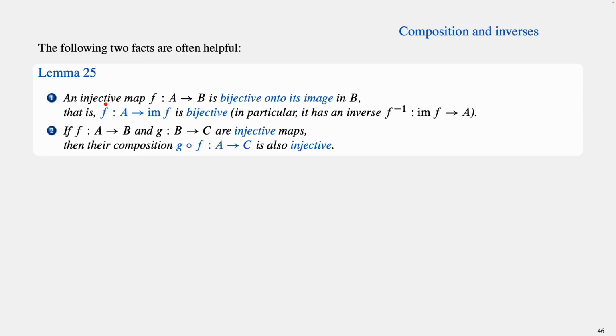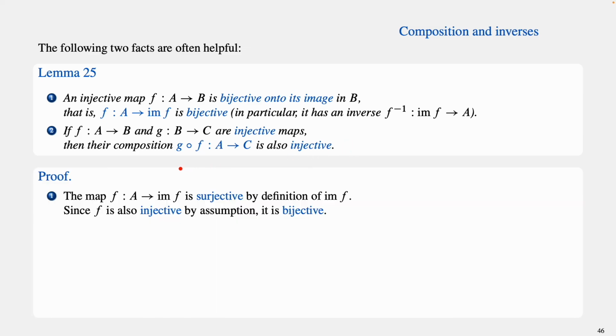So if we're given an injective map f from A to B, then this injective map is actually bijective onto its image in B. So f from A to the image of f is bijective, and in particular we can form an inverse function from the image of f to A. And the second one is f from A to B and g from B to C. If they are injective maps, then their composition g after f is also injective. This is an injective map going from A to C.